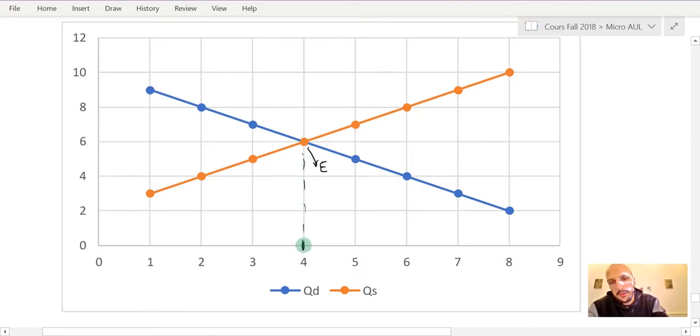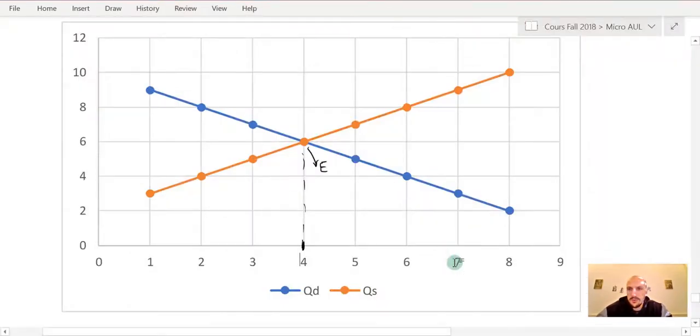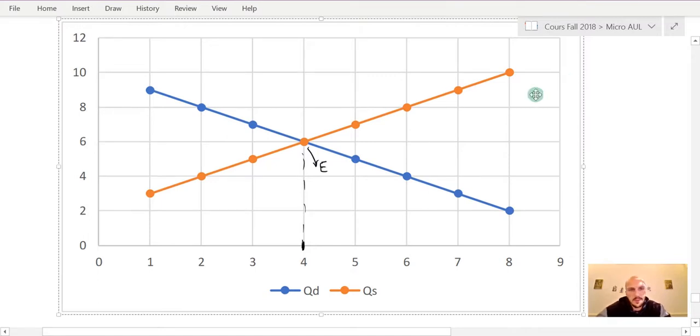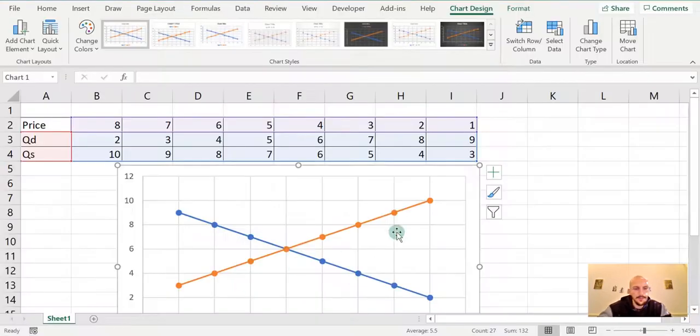And at this level you will see that... wait a moment, because I think that we have here the prices from 0 to 9. Let's make sure, 0 to 8. Yes. So here the price axis is placed at the bottom instead of being on top. So we will just delete this graph and go back to Excel.